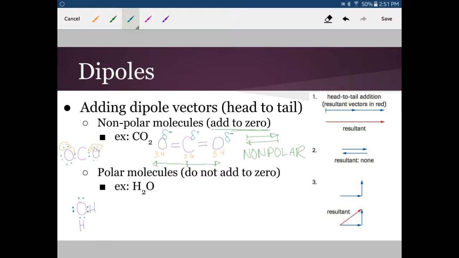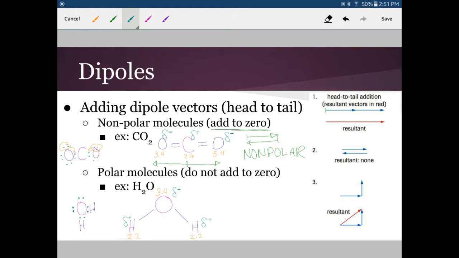And we expect this to exhibit an angular or V-shaped molecular geometry. When we check out our electronegativities, oxygen is still a 3.4, hydrogen is a 2.2. And what we see is that this is relatively negative, compared to this hydrogen, which is positive. Again, 3.4 is winning that tug-of-war.